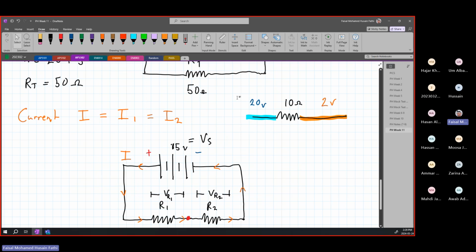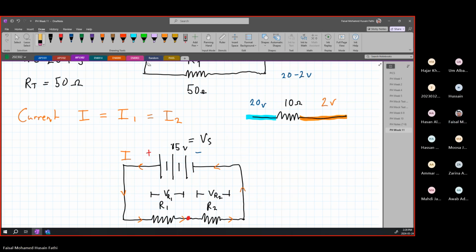So there's going to be a voltage drop from 20 all the way to 2 volts. This voltage drop is 20 minus 2, which is equal to 18 volts.